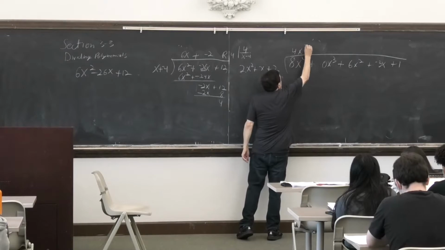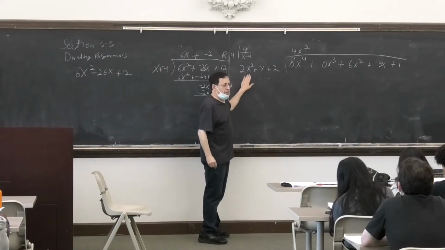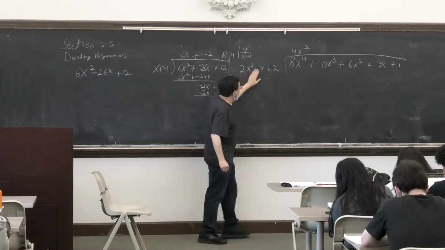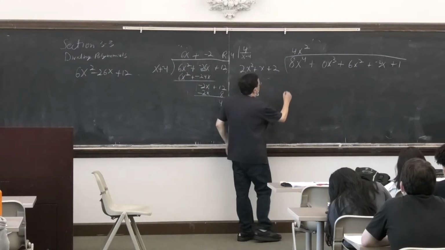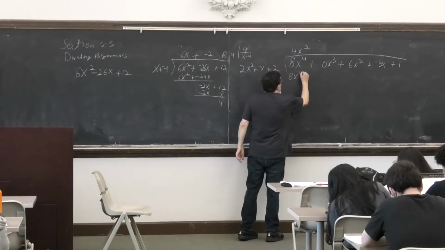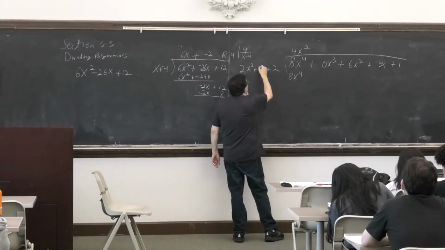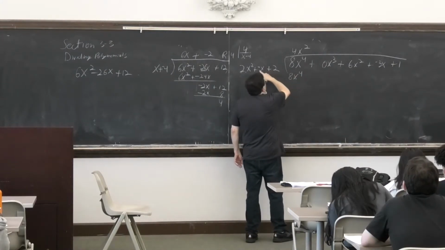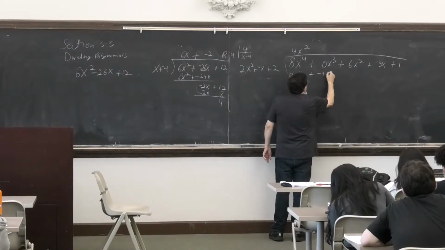4x squared. Now what's really nice is all you have to do is look at the first term. Thank you, whoever said that. All you have to do is look at the first term. You don't have to worry about these yet. Right? 8x to the 4th. This is minus x, right? 4, okay, so, oh wait a minute, where is that going to go? Negative 4x cubed.